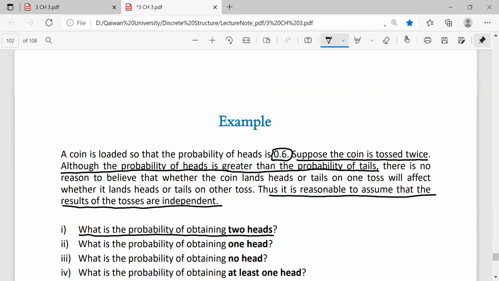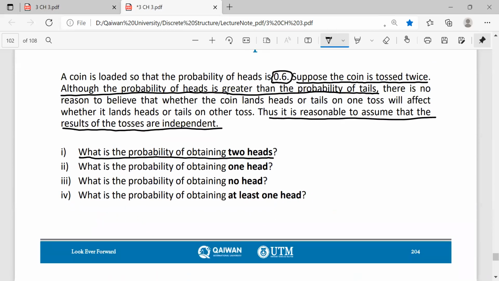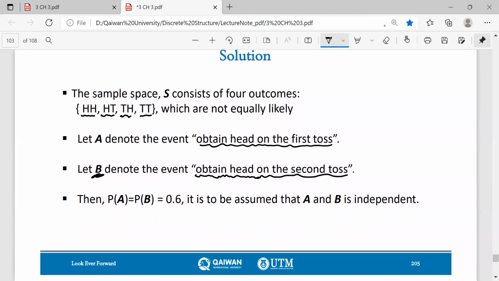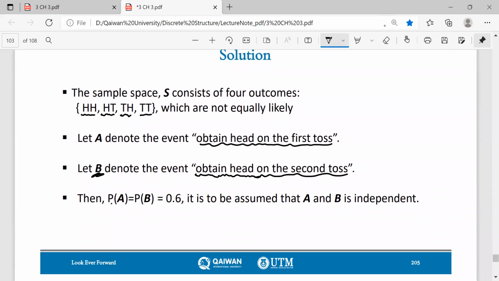As it's given in the example, we toss the coin twice, with A getting head in the first toss and B getting head in the second toss. Here, probability of A equals probability of B, and it's equal to 0.6, because it's given in the example that the probability of getting head is 0.6.